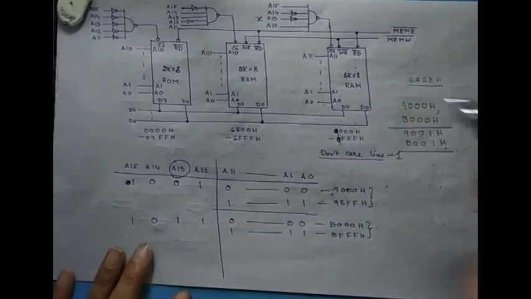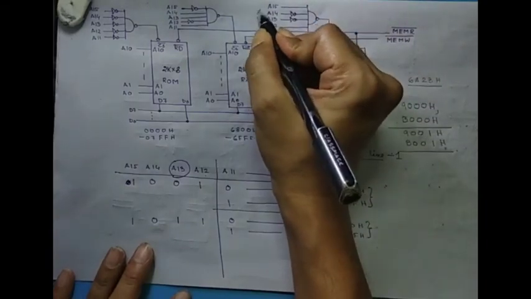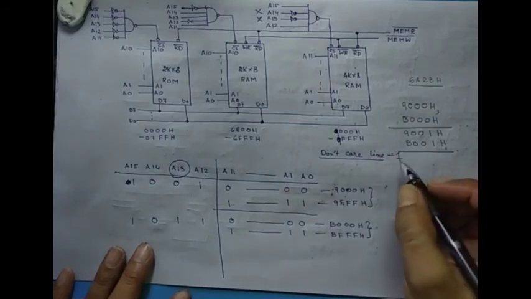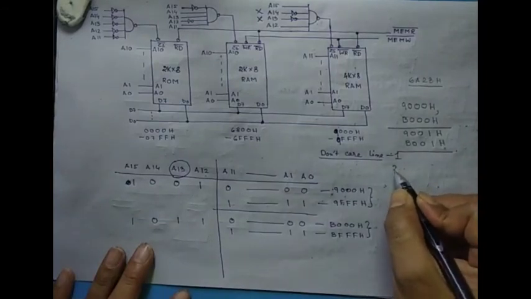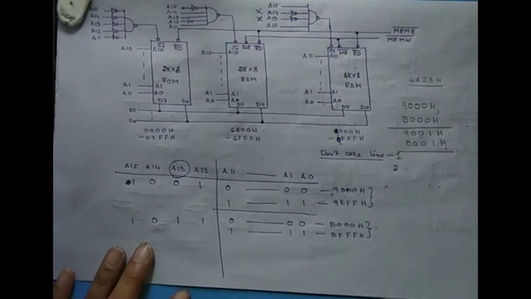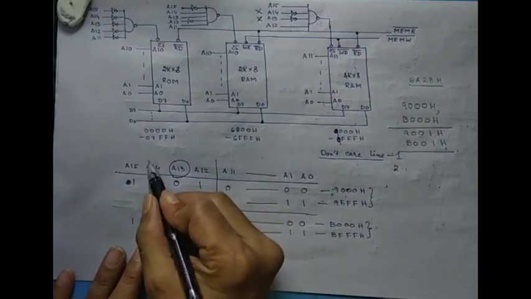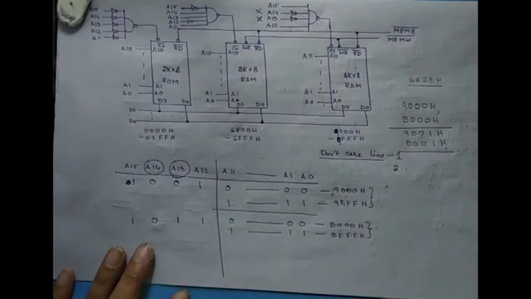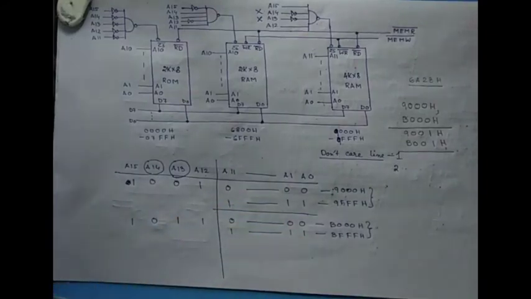Now, if I leave say 2 address lines out of this interfacing circuitry, that means if I have 2 don't care lines in my circuit, what will happen? A14 and A13 both are don't care lines, so they have not been used. They can be either at 00 logic or 01 or 10 or 11.